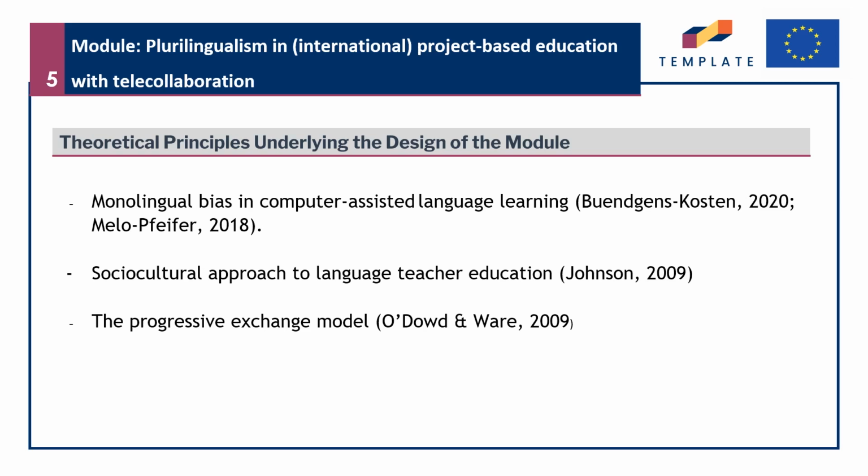The researcher Judith Bündgens-Kosten has defined the monolingual bias as a deficit in considering the full range of pre-existing languages of a learner, of languages used in a specific setting, or of plurilingual skills in the design of and the research on computer-assisted language learning. More specifically, in the area of telecollaboration, Melinda Dooly and Robert O'Dowd have discussed this issue extensively in their publications.